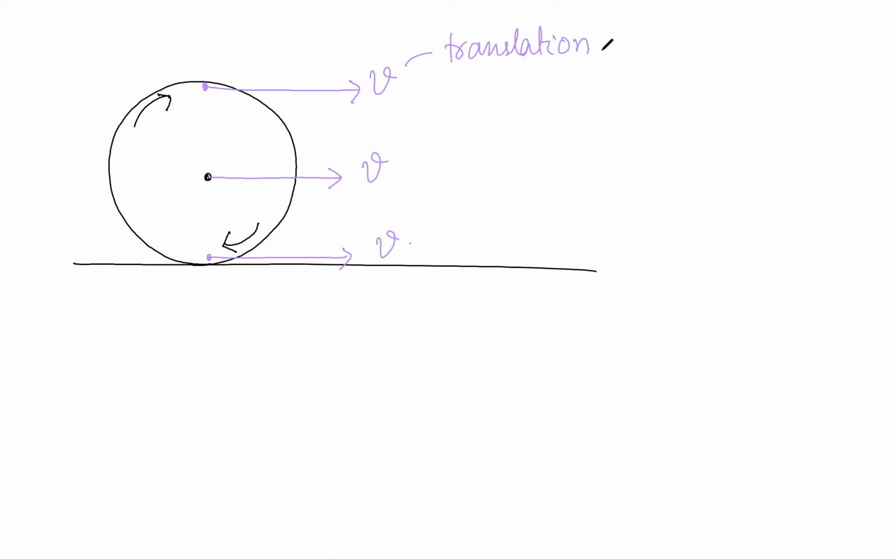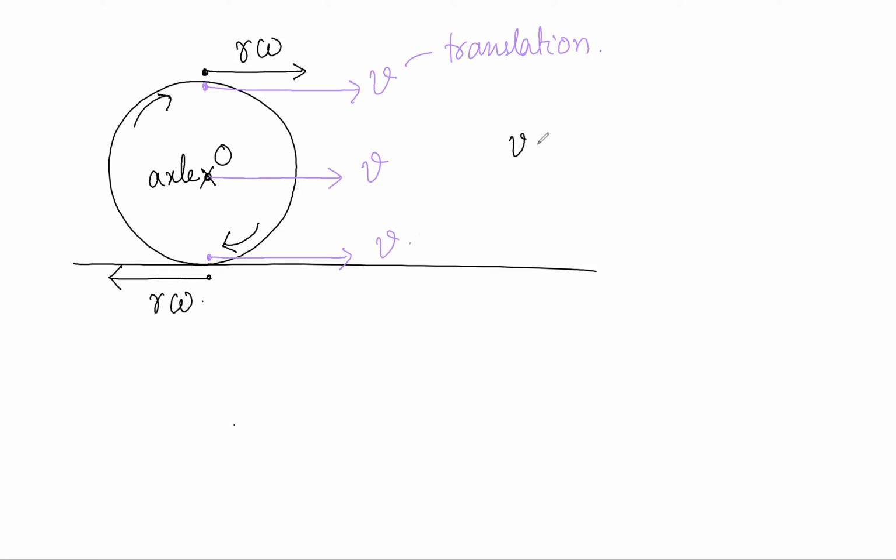In addition to that, you make it rotate in such a way that each point on the wheel has an additional speed because of the rotation. This point is going to have a speed of r omega because of the rotation. Because of rotation, this point stays at rest because this is the axle. And because of rotation, this point has a speed of r omega in the backward direction.